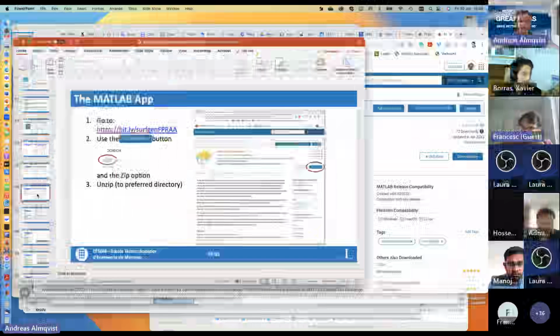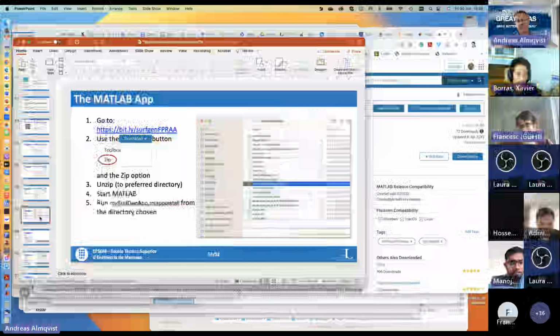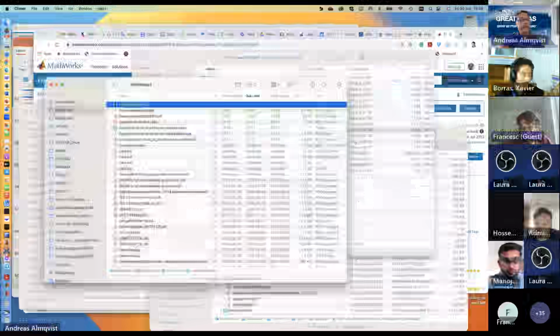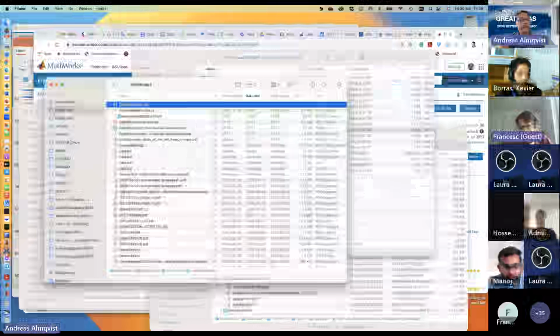I mean, you have this recipe, so you can really follow this recipe if you miss any bits and pieces now. But you unzip your file, and it ends up somewhere. Now you see I have done this before, so I have a number behind it.